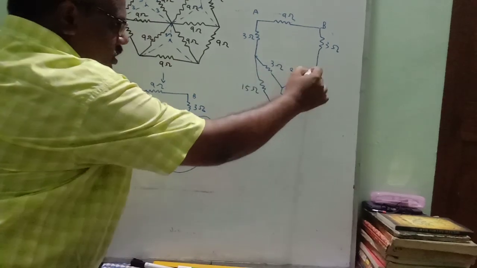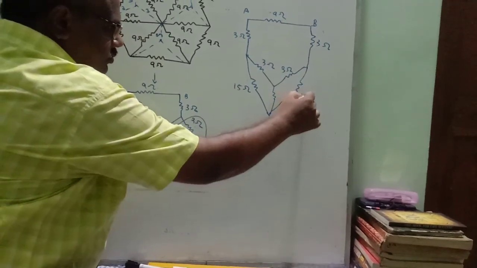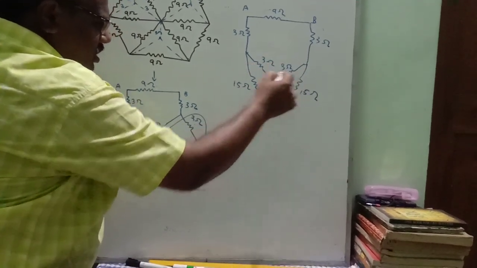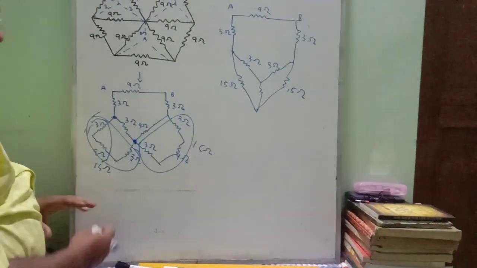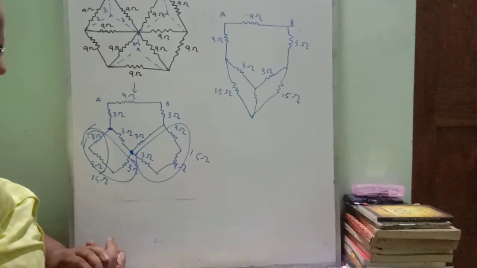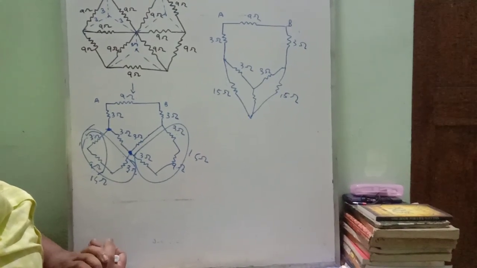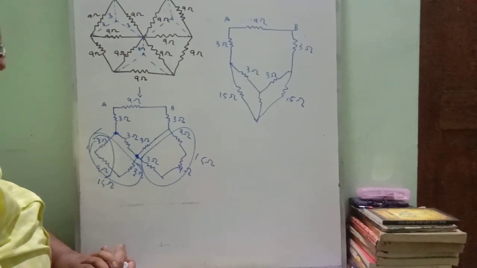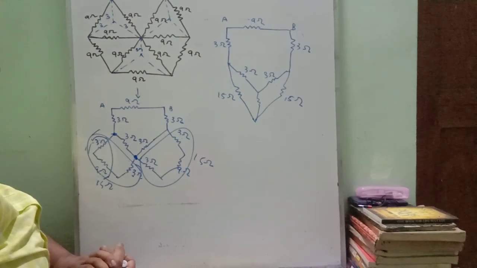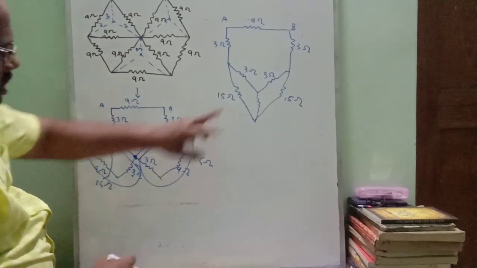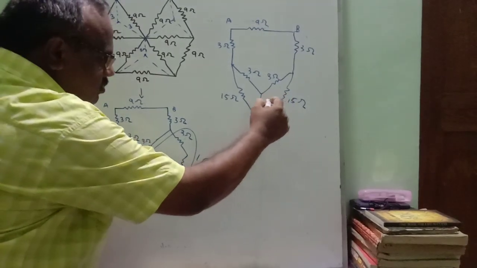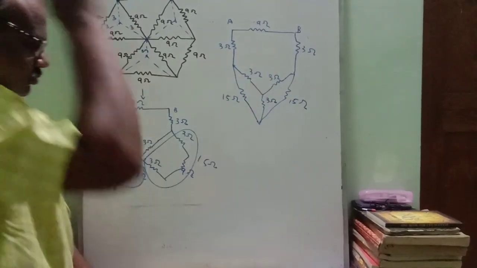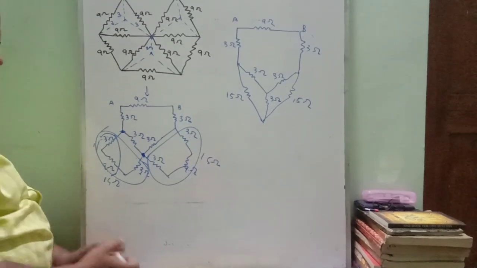This is 15 and this is your 15. 3, 3, 15, 15. Now, if you solve the star to delta, it will look like your star. This is a star. This will be again 3. There will be 3.